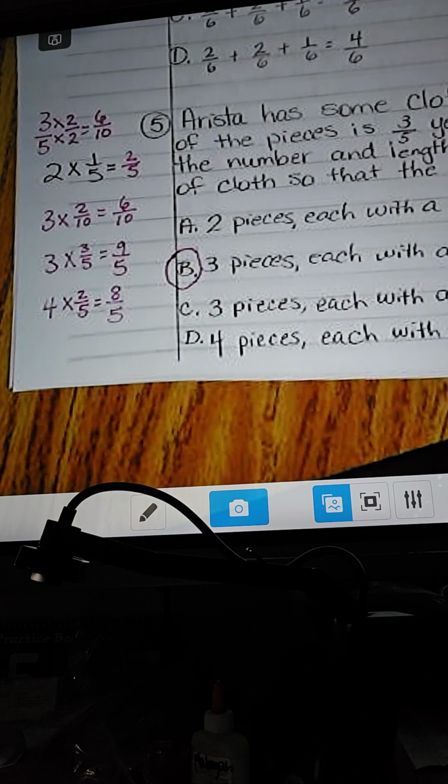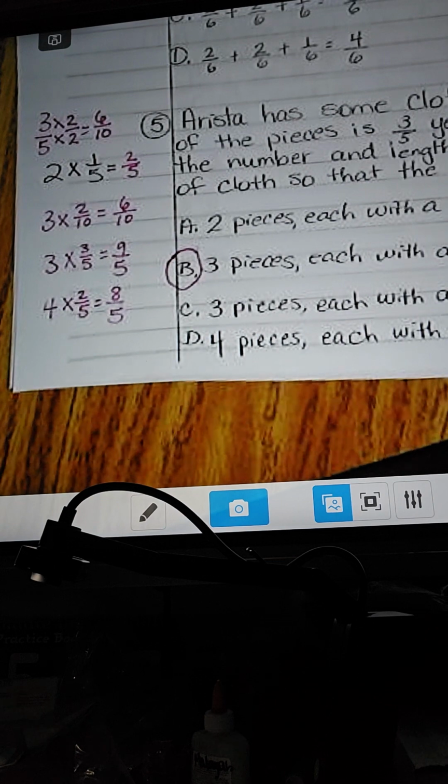Any questions about how to find the answer for number 5? Can't you use 4/4? What do you mean, can't you use 4/4? Is this like 3/3? You don't see 3/3 here.